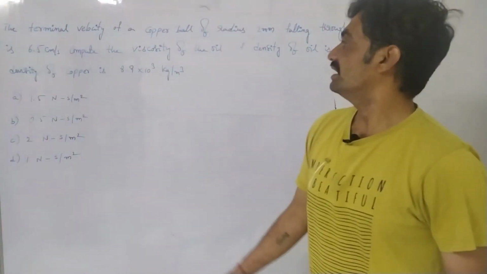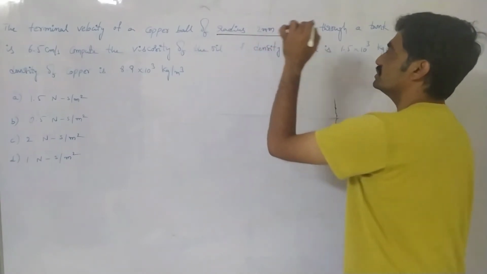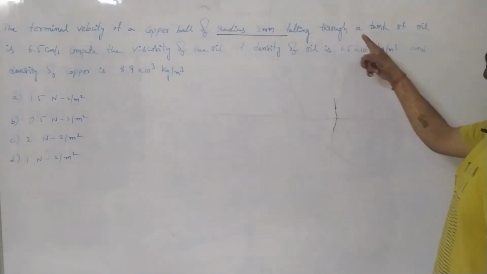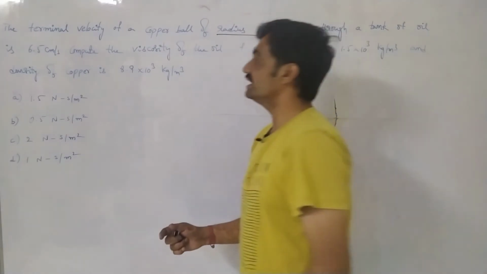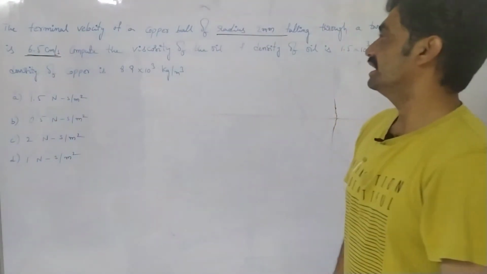Observe the next problem. The terminal velocity of a copper ball of radius 2 millimeter falling through a tank of oil is 6.5 centimeter per second.